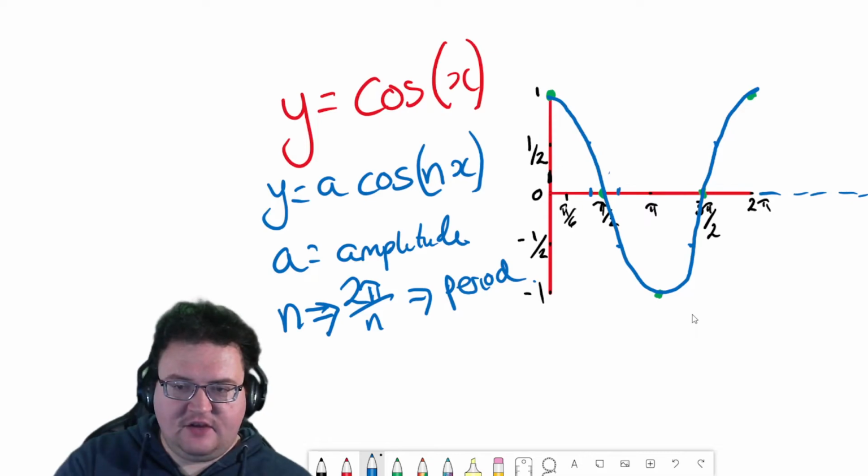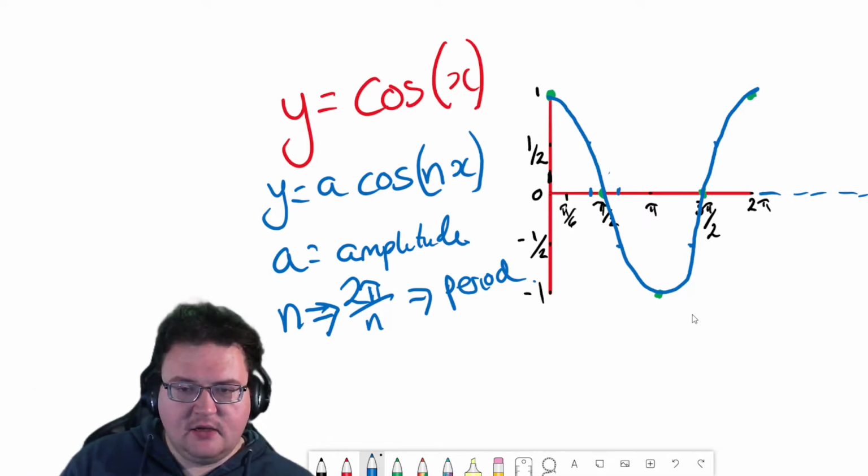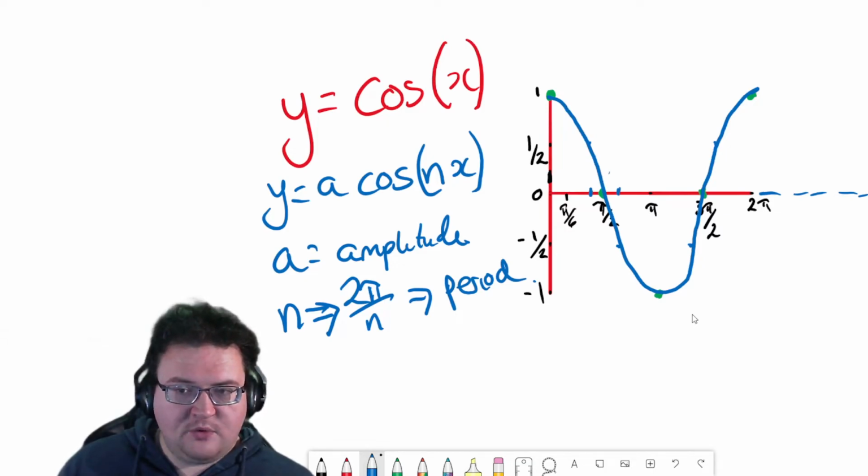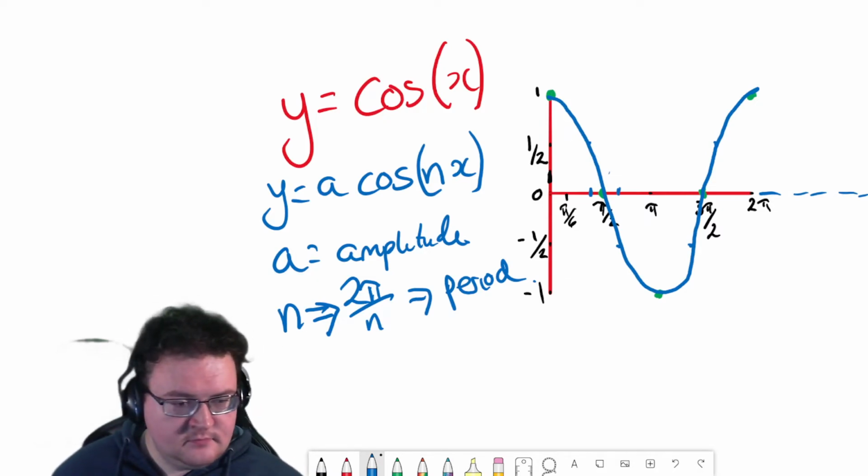So if I said n was 2, what would the period of this new graph be? Yeah, it would just be pi.